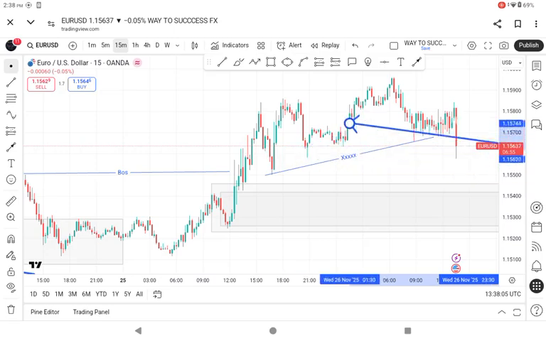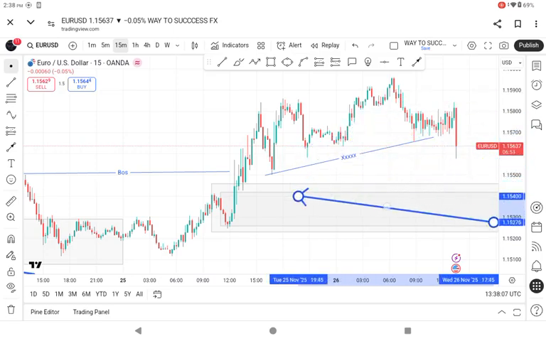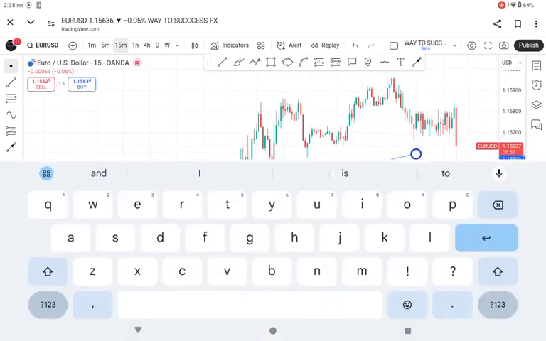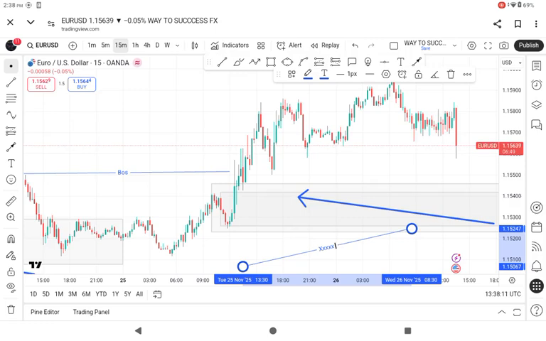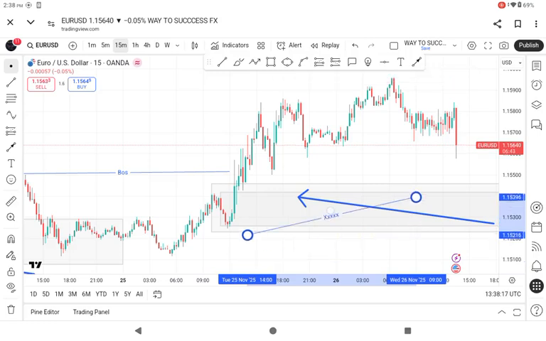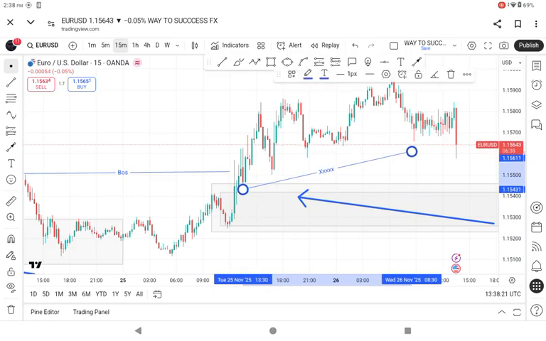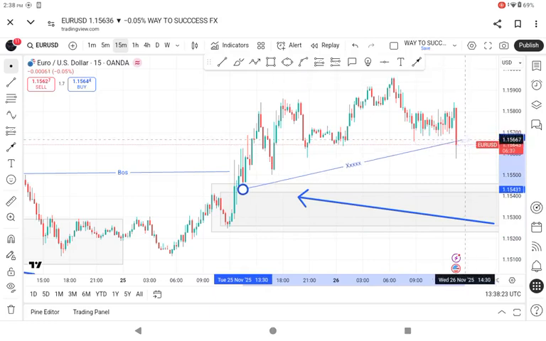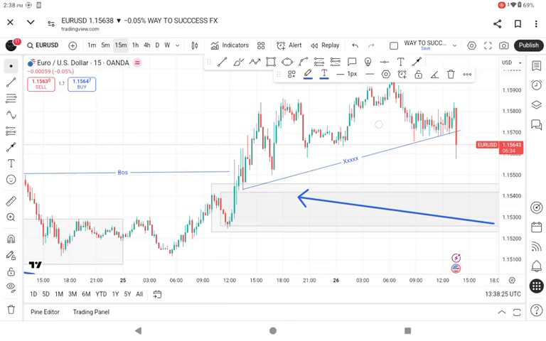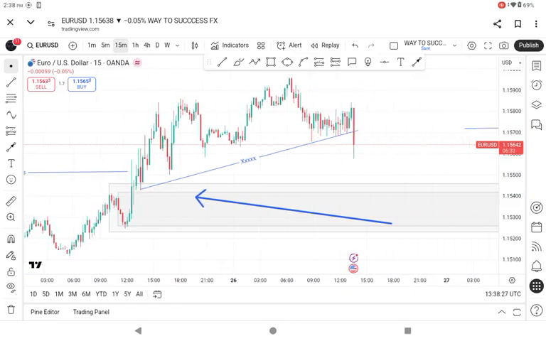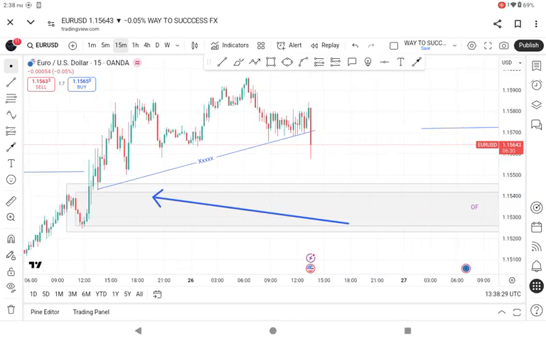If you traded here, you made profit. But now we have something that needs to be taken out. So what do we have? We have a trend line liquidity, just like we do in H1. Trend line liquidity and order block, order flow.